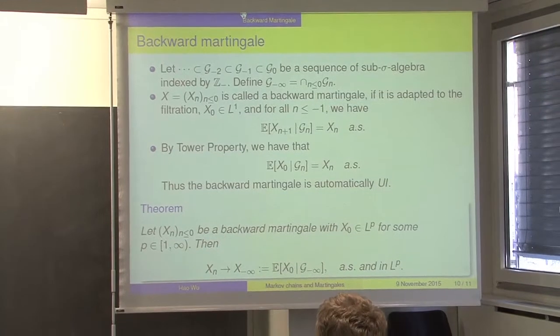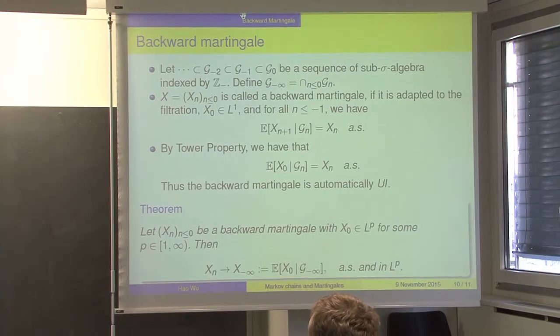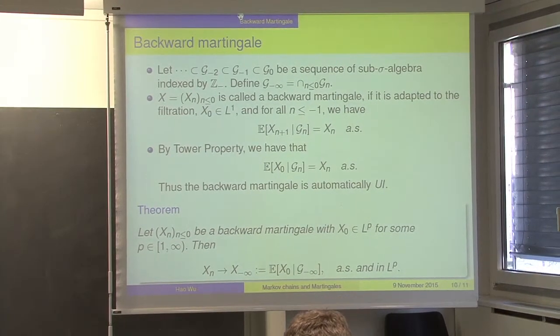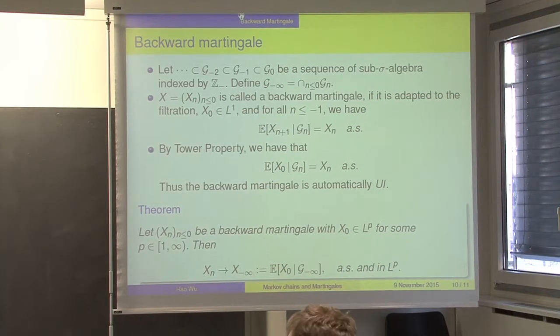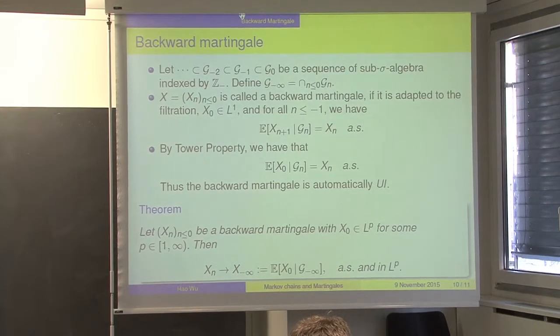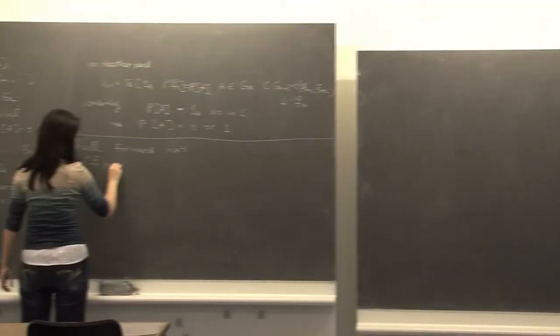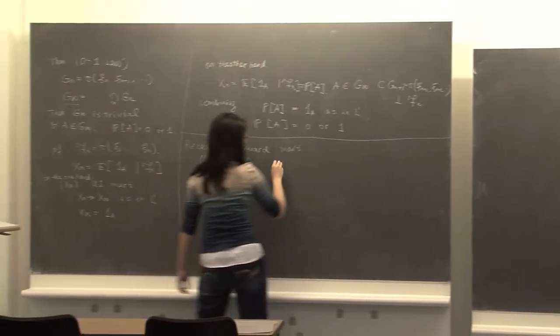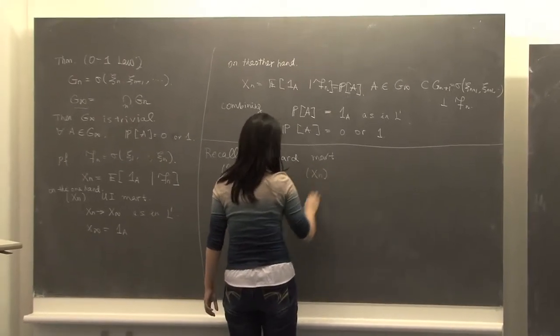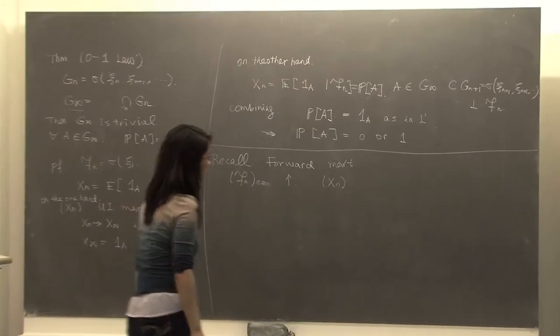So just to recall, what is a forward martingale? For a forward martingale, we have a sequence of filtrations that is increasing. And we say that Xn is a martingale with respect to this filtration.